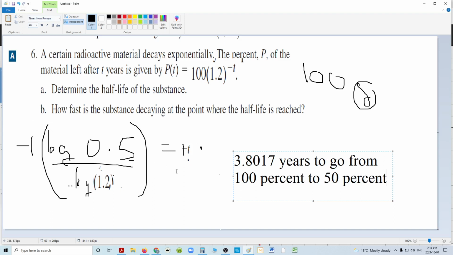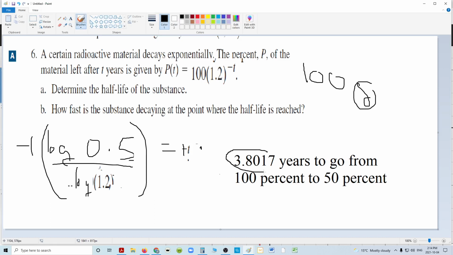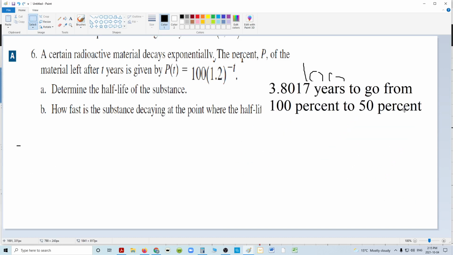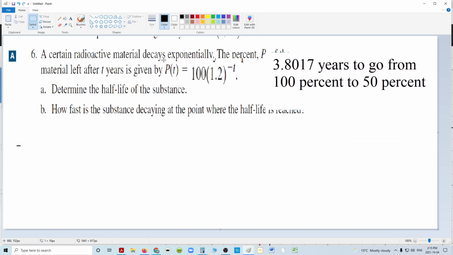How fast is it decaying when t is 3.807? So for that, I need to take the derivative of this and find out, when I punch in this value of t, what the decay rate is. To take the derivative of that, I just take the function, then times ln of 1.2, not log, ln, times the derivative of that, so it's going to be minus 100.